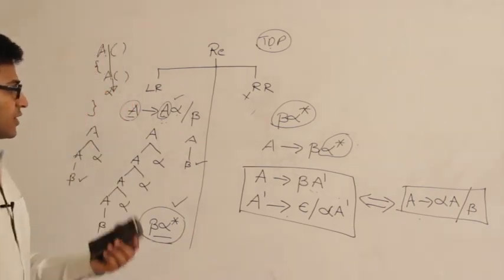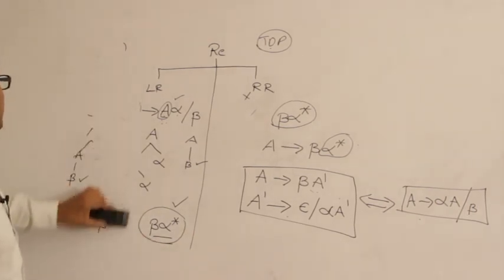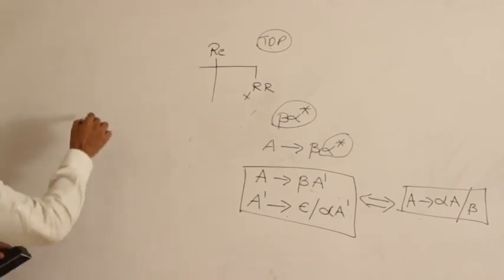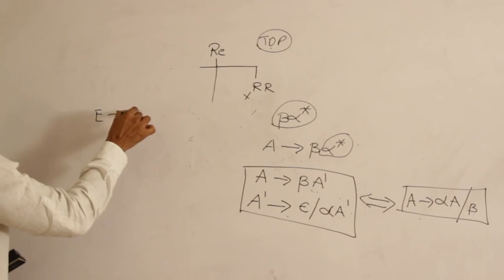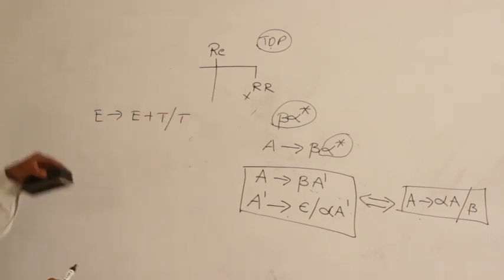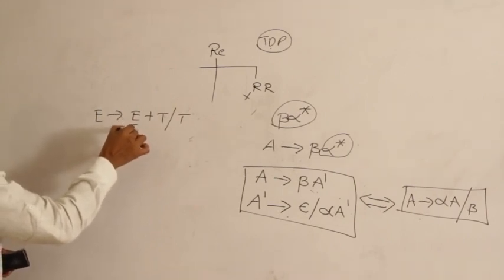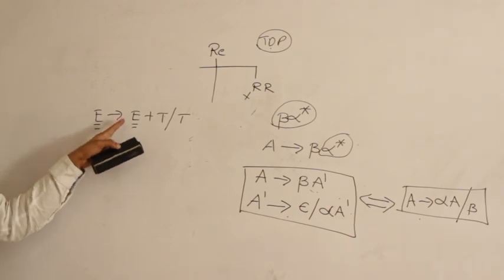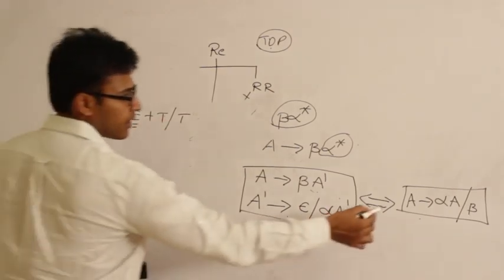Let's look at some examples where we have left recursion and we try to eliminate them. One example is this. We have already seen it. E derives E plus T or T, right? So if you look at it, the leftmost symbol of the RHS is equal to LHS, right? Now it is in the form of A derives A alpha or beta.